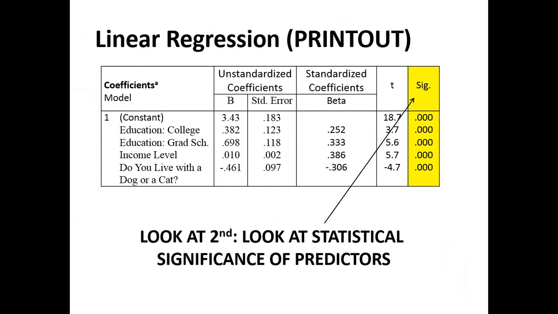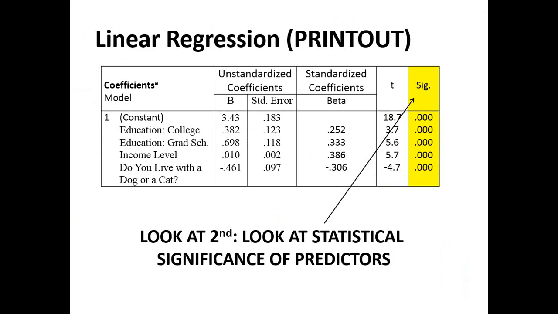Okay, the next thing we want to look at below that box is the coefficients box. This tells us about the individual predictors. That told us about the whole model; this tells us about the individual predictors within that model. So the first thing we want to know is, are any of the predictors statistically significant?